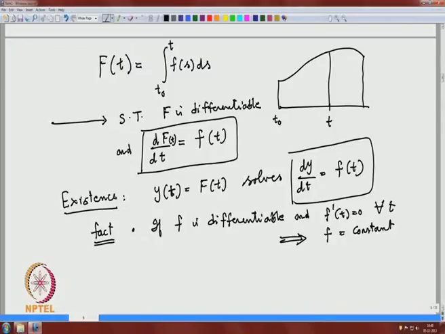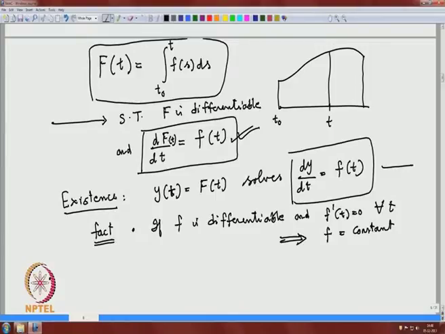One is the development of defining this appropriately using Cauchy sum and showing this one. And then the second part is this: if there is any differentiable function for which F prime of t equal to 0 for all t, then F will be constant. The third part comes in the uniqueness aspect. When you put an initial value problem, the uniqueness comes into the picture. The third part of the fundamental theorem of calculus is the crucial one, and probably that is the one you will be seeing.